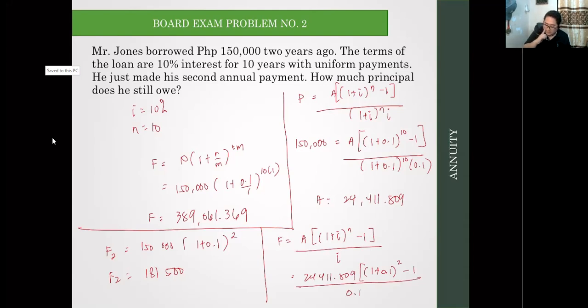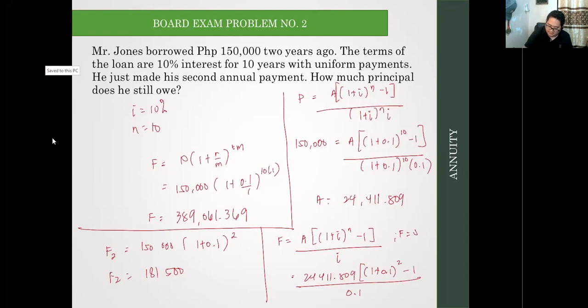Kung ano yung future worth nung kanyang binayad. Okay? Nagbayad na siya ng 2 taon. So, F will be equals to 24,411.809 times 1 plus 0.1 raised to 2 minus 1 all over 0.1.